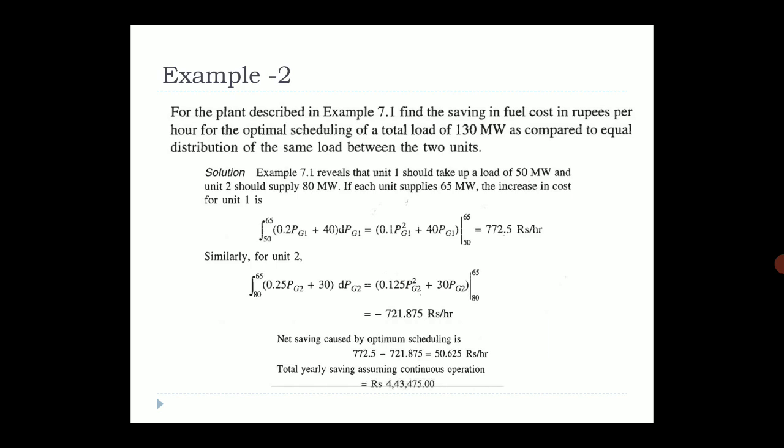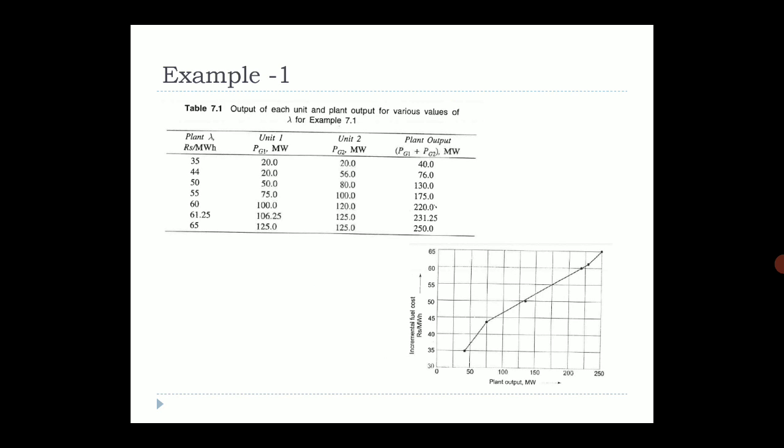Now the solution says that example 7.1 reveals that unit 1 should take up a load of 50 megawatt and unit 2 should take a load of 80 megawatt. How are you getting this value? We go to the table.